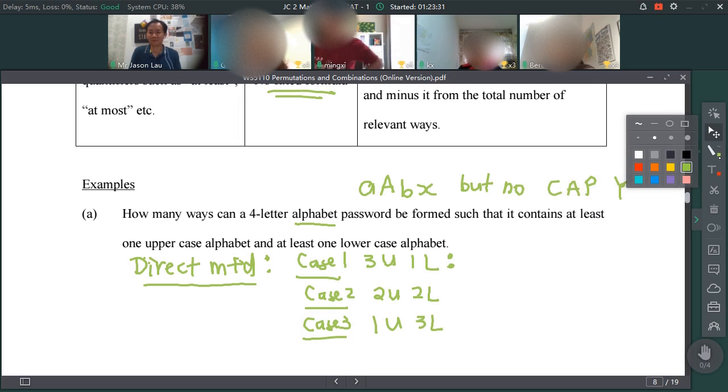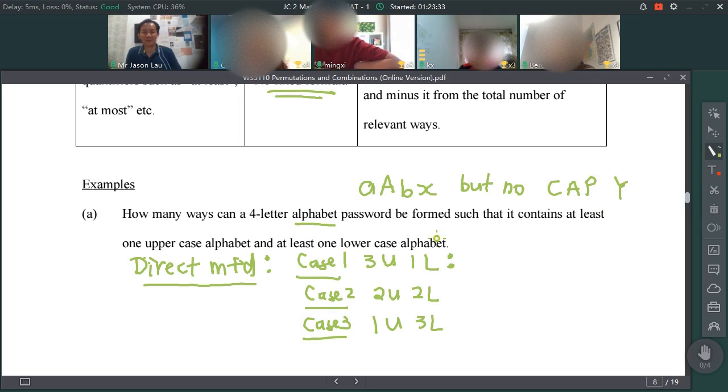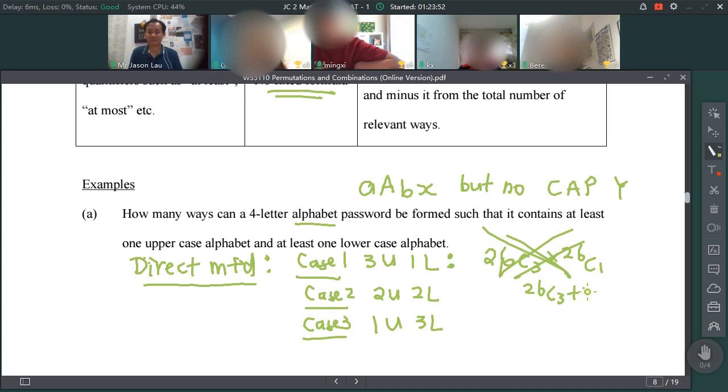No, is it 26 plus 3 times 26 choose 1? Again, 26 choose 3 times 26 choose 1. Is it 26 choose 3 plus 26 choose 1? This one is even worse. 26 choose 3.